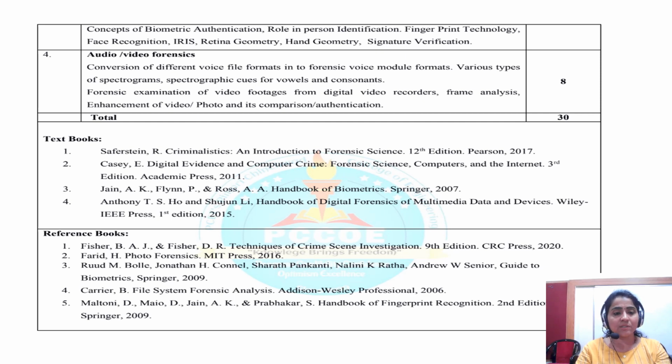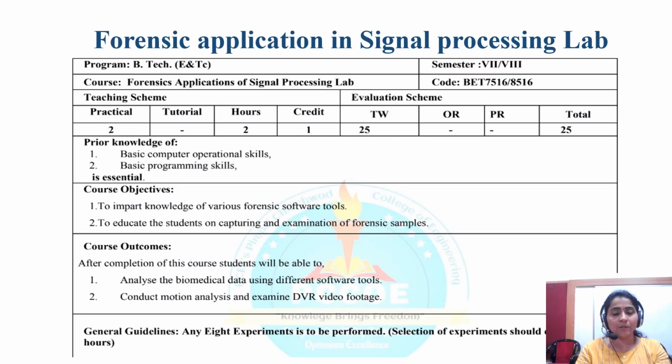These are the references related to the subject. The subject has a term work of 25 marks for the forensic application and signal processing lab, where we have 12 experiments. Out of 12 we need to perform 8 experiments.